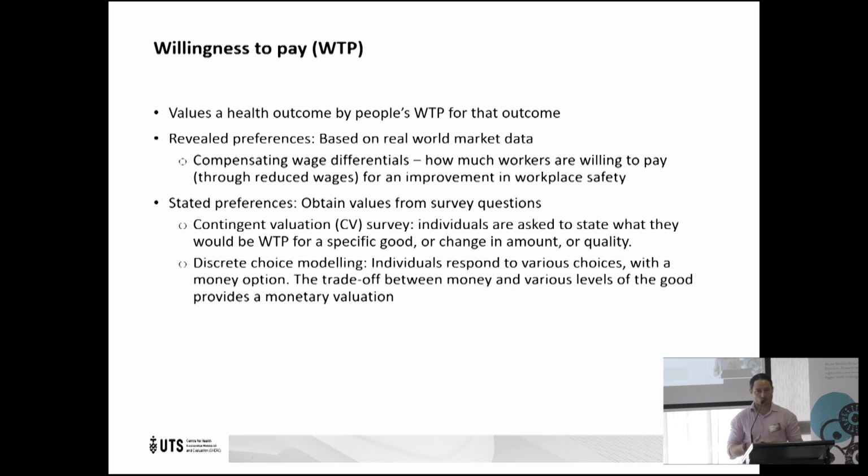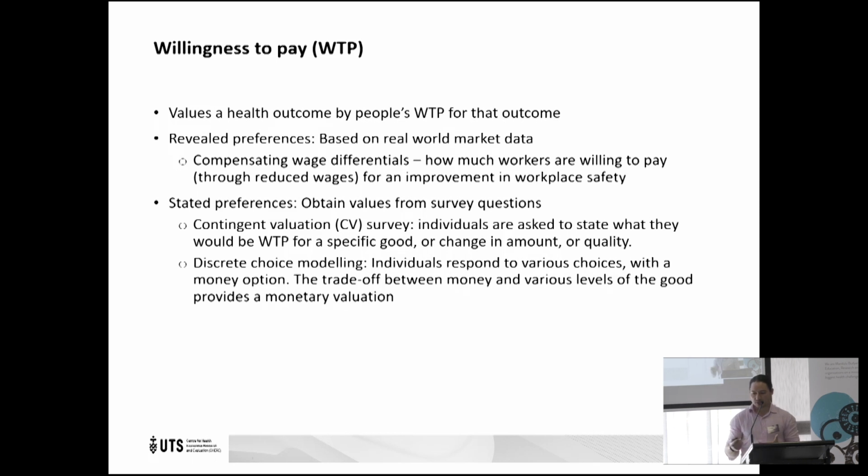So say, for example, you compare the pay of a miner versus a factory worker, and you look at the difference in wages between those two professions and you multiply that by the risk of injury in both those jobs, and then that gives you a willingness to pay value, so what people are willing to forego in terms of their lost wages or reduced wages for improvements in safety.